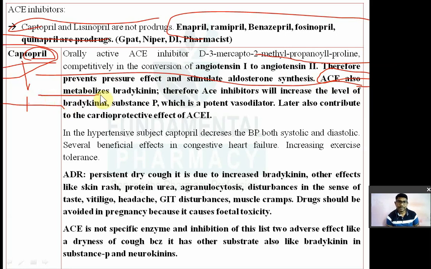Okay, so angiotensin converting enzyme क्या क्या काम करता है? दो काम करता है. पहला काम करता है angiotensin 1 को angiotensin 2 में बनाता है, which is a vasopressor, which increases the blood pressure. Therefore, ACE inhibitors are used to prevent the conversion of angiotensin 1 to angiotensin 2. But एक दूसरा भी काम होता है angiotensin converting enzyme का, to metabolize the bradykinin and other inflammatory peptides.